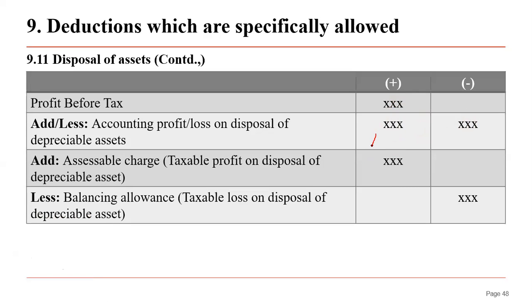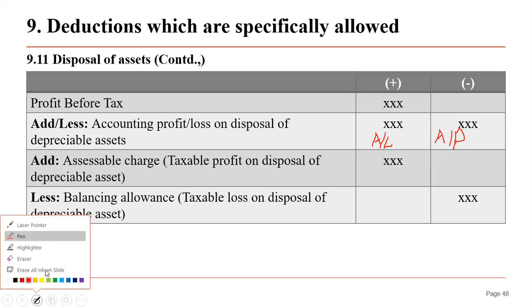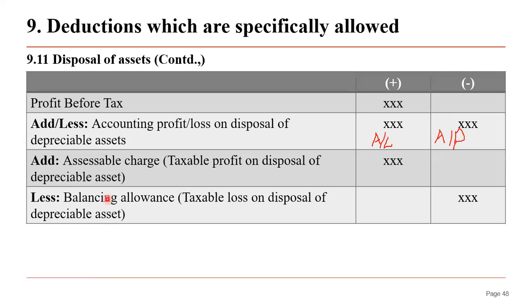I think you can remember: the accounting loss we need to add. If it is accounting profit, we can deduct this accounting profit, right? Then it is important to do the adjustment on accessible charge.